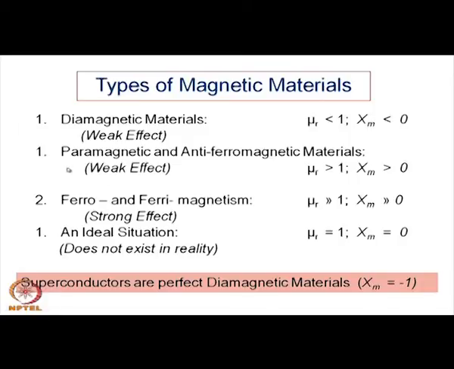The second group is called the paramagnetic and antiferromagnetic materials. Okay.